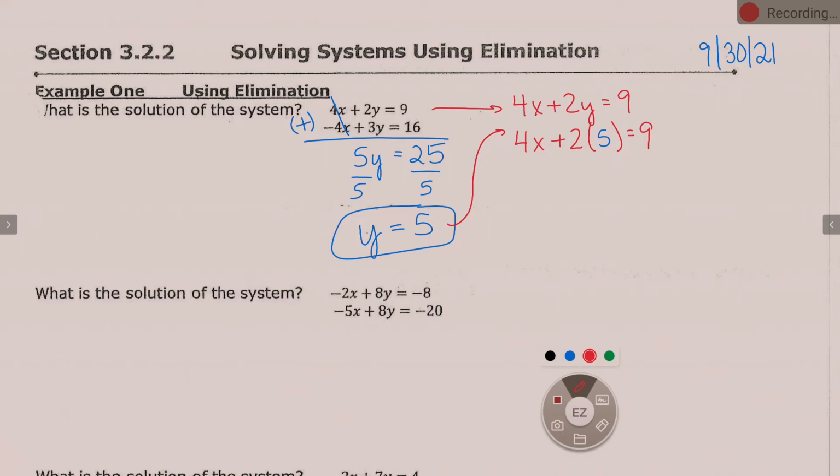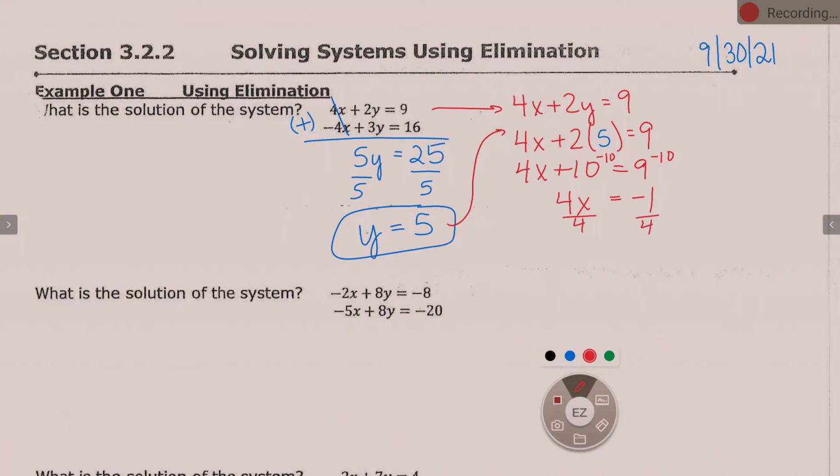Now you're doing the math. 2 times 5 is 10. So 4x plus 10 equals 9. If it's 4x plus 10, we're going to subtract 10. 10 minus 10 cancels. 9 minus 10 is negative 1. 4x equals negative 1.